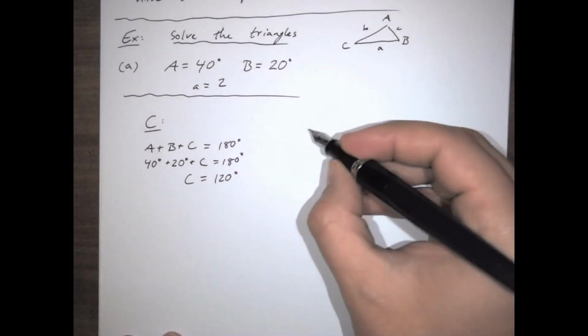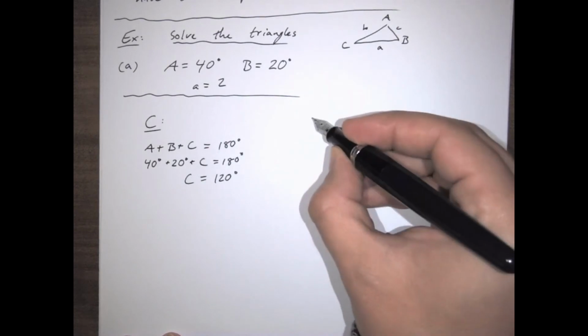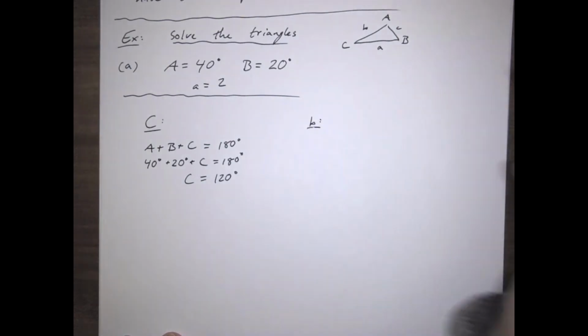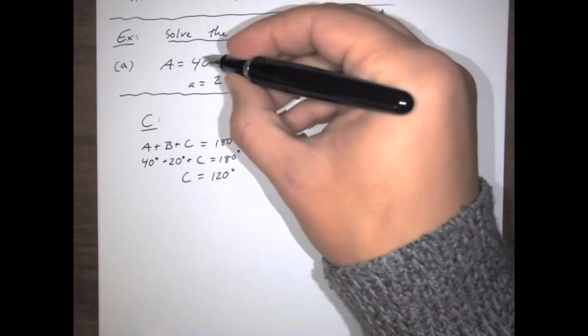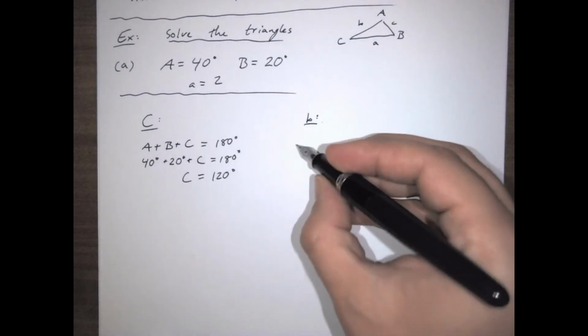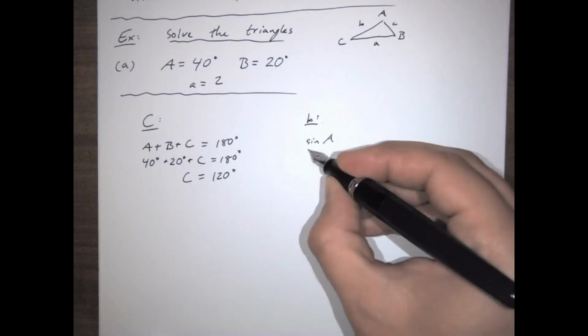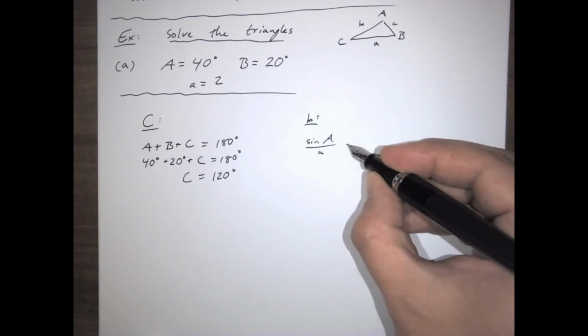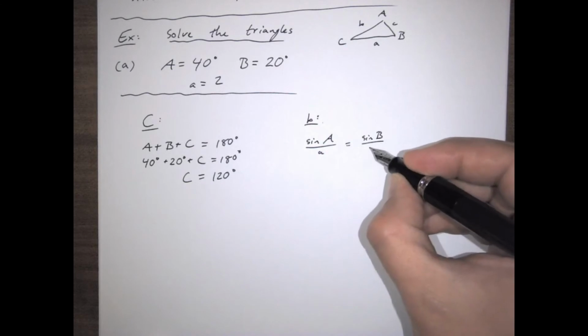Okay, so now if I want to find little b, I can use the information that's given to me. I've got 3 out of the 4 pieces to fit the equation sine A over little a equals sine B over little b.